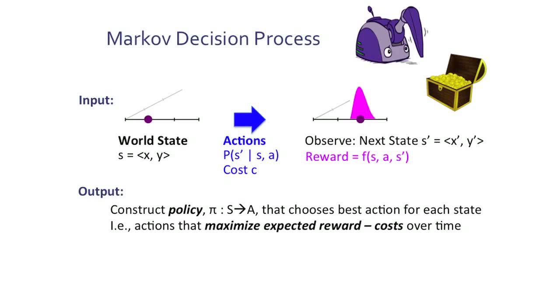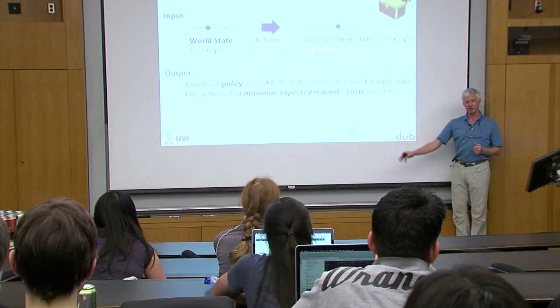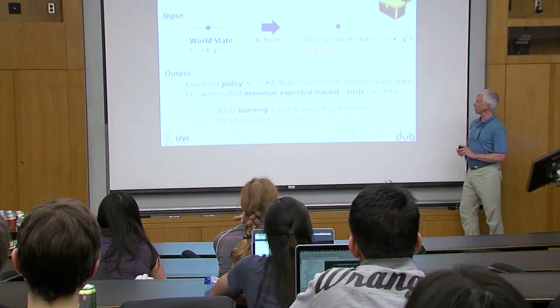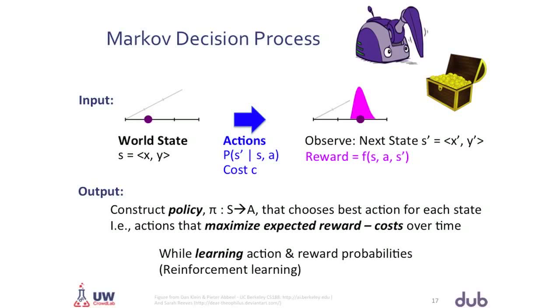So we want to maximize the expected reward, usually discounted over time, minus the cost of the actions, and that's our utility function. And then the wrinkle is, actually we want to do this while we're learning the action and the reward probabilities. And so that makes it a reinforcement learning problem. Okay, so that's a Markov decision process.